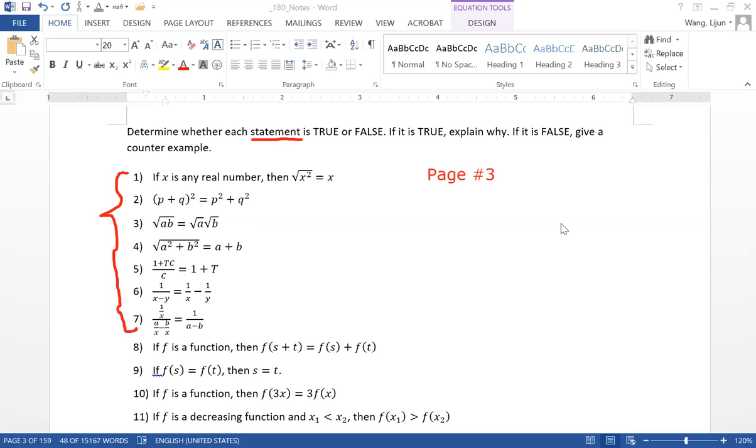Remember, the big term about this class, calculus, is function. When we hear the word function, we want to recall many things from our memory. How many types of function we have, and so on. So this is one of them.